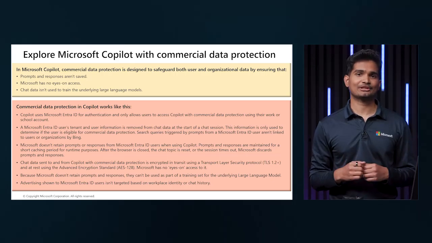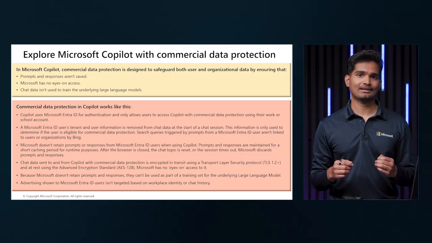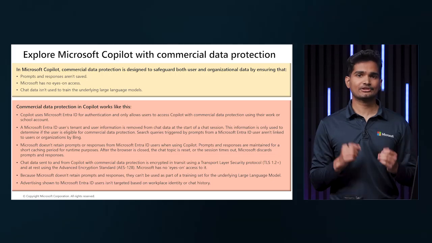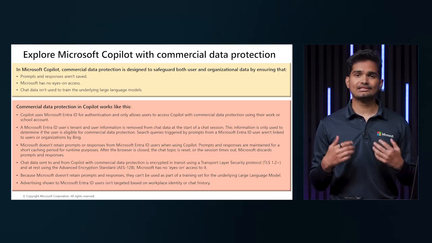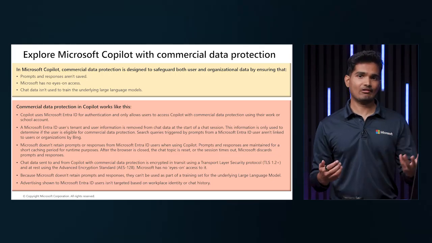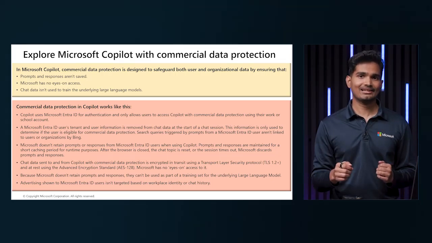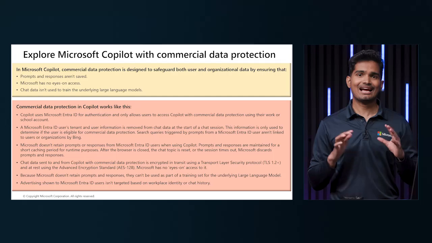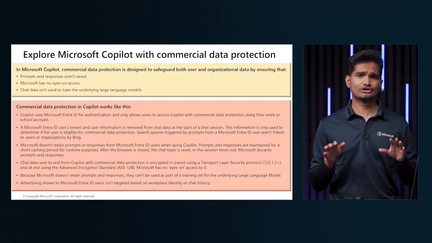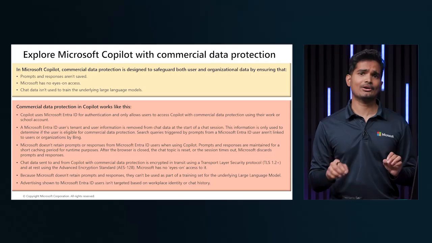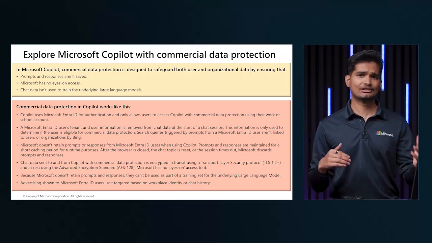Tenant and user information is removed at the start of the chat. This information is used only to determine if the user is eligible for commercial data protection. Data is encrypted in transit and at rest, so Microsoft cannot see it, and due to that, it cannot train its underlying LLM. There is no advertising that is shown to users based on workplace identity or chat history.